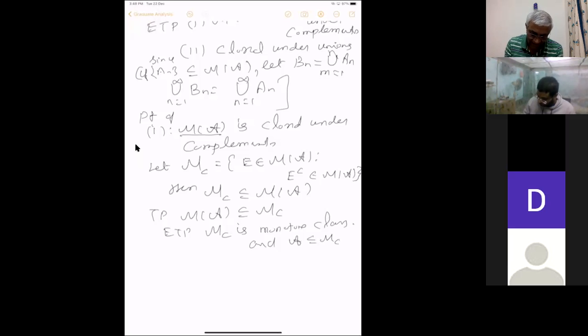Now A is certainly contained in M_C. This is clear. That's because A is closed under complement. So A is contained in M_C. We have to prove that M_C is a monotone class. That's what we have to prove.